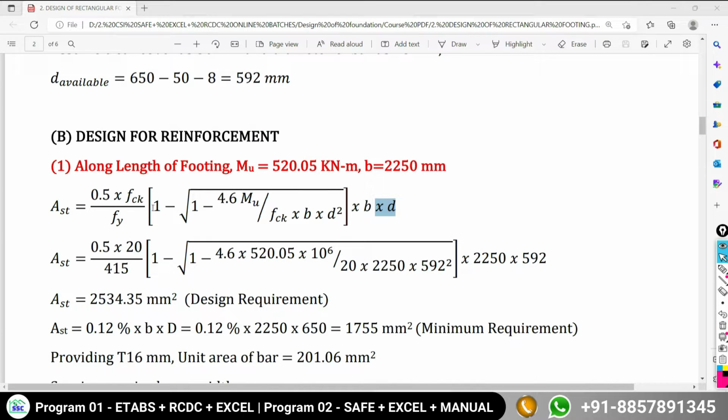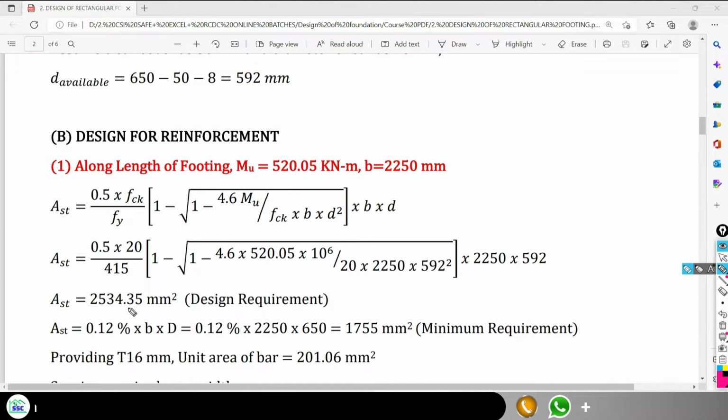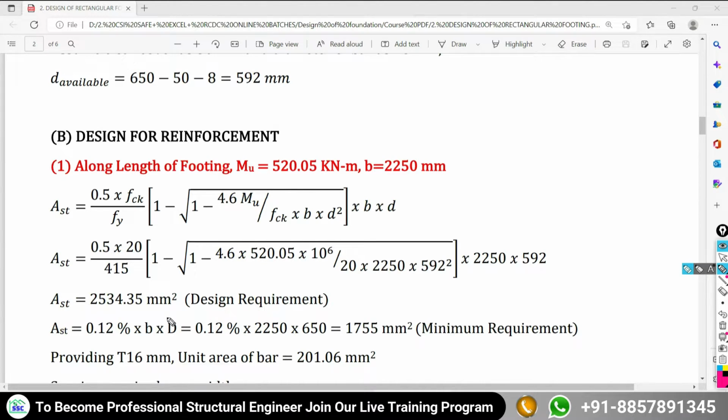Now put all these values in the formula. We get the area of reinforcement required along the length of the footing as 2534.35 mm², and this is what I am going to call the design requirement.